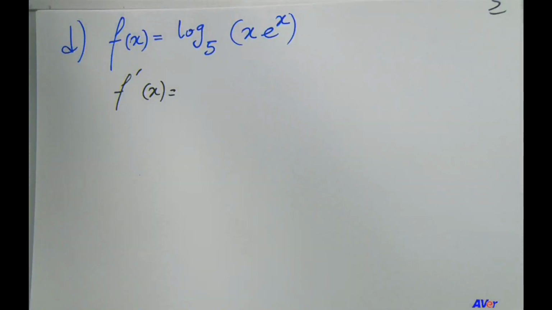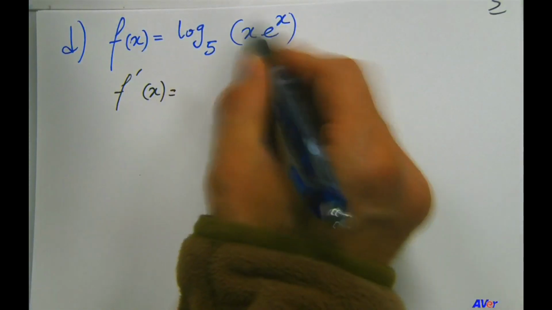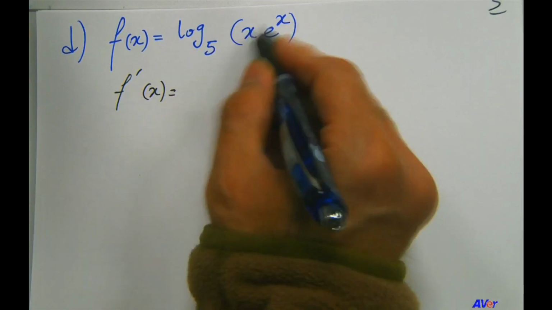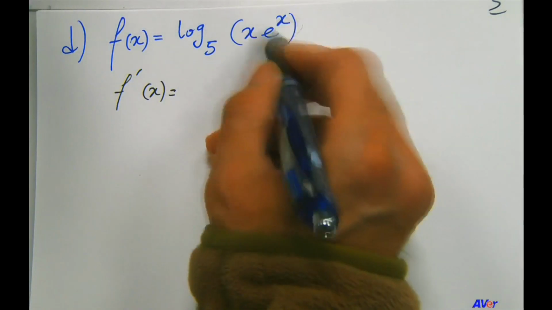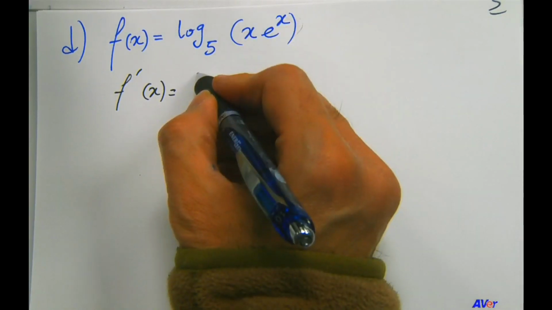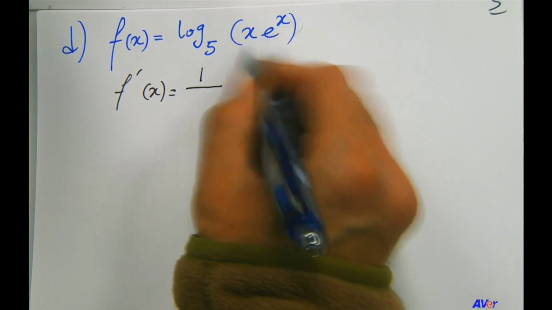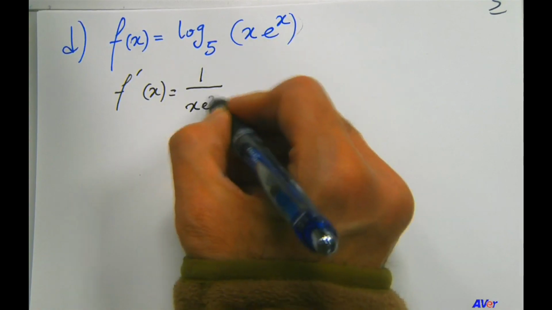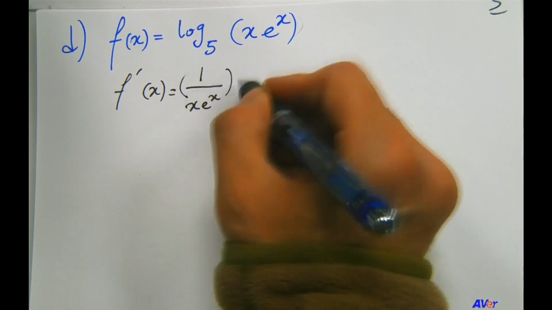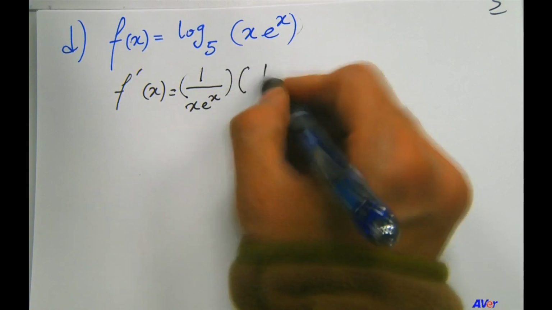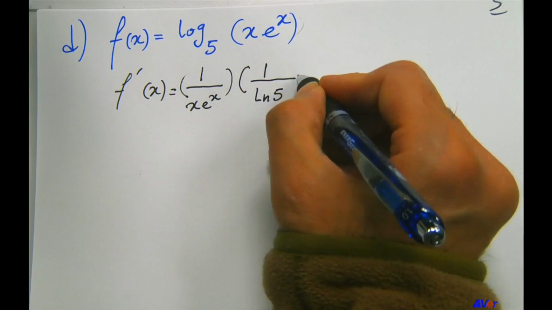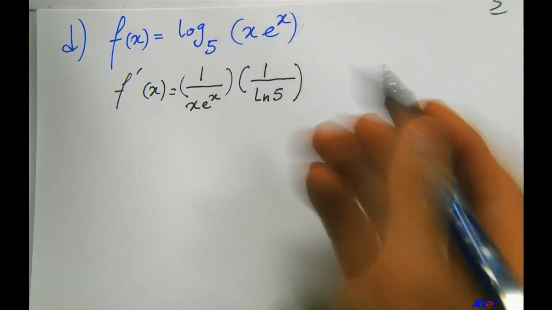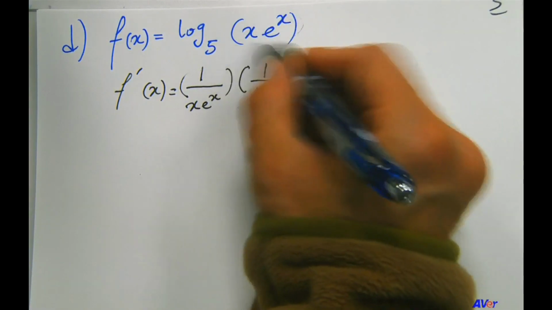So let's do that here. We take 1 over all of that, and of course we have to do the chain rule, right? This is a whole function, so we have to do chain rule after that. But for now, 1 over all of that times 1 over natural log of this base, which is 5 in this case. Now by the chain rule, times the derivative of all of this.